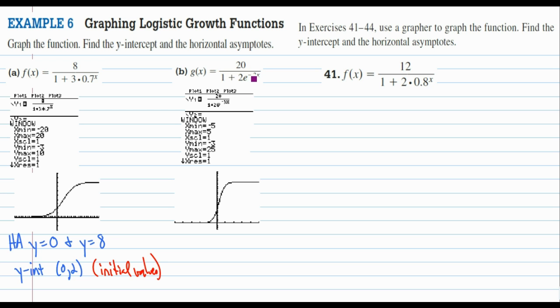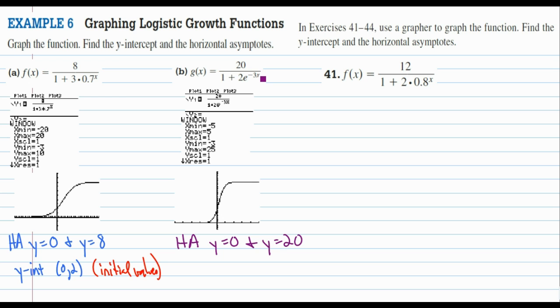The base has a negative exponent, which makes it less than 1, which as described earlier makes this a logistic growth function. The two horizontal asymptotes are y equals 0 and our limit to growth, y equals 20. The y-intercept for this one, is that as easy as it was before?